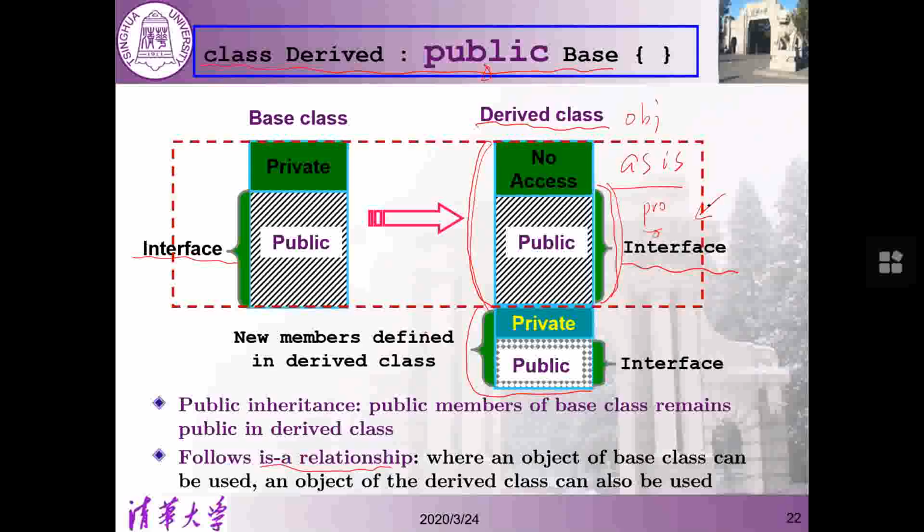So in that case, this object cannot look like the base object, right? So only public inheritance follows the is-a relationship. Protected and private inheritance do not follow this is-a relationship. Okay.